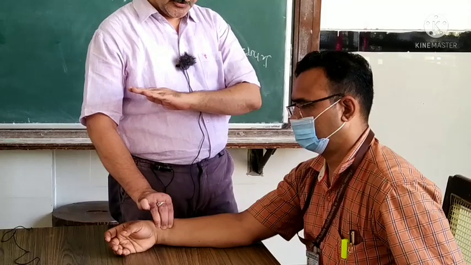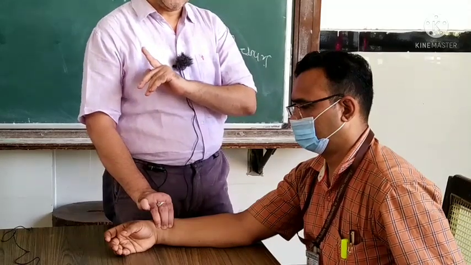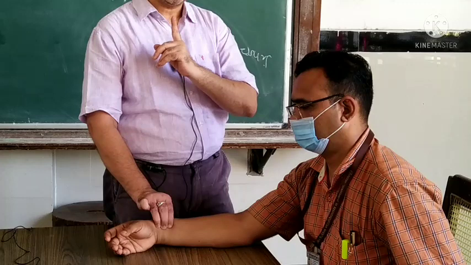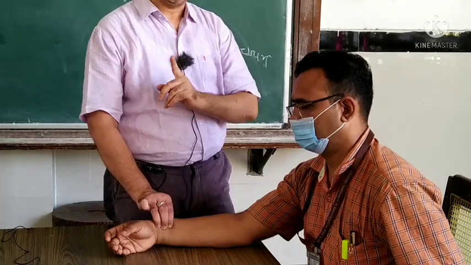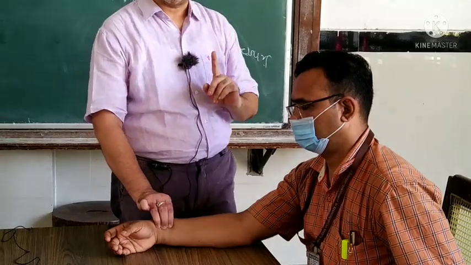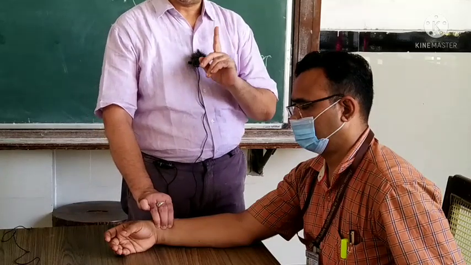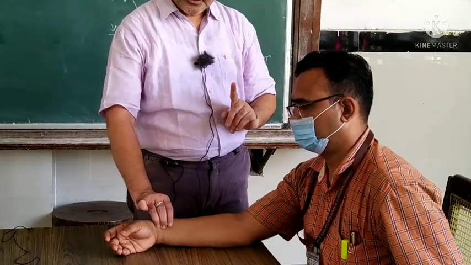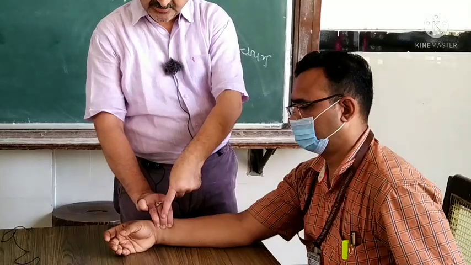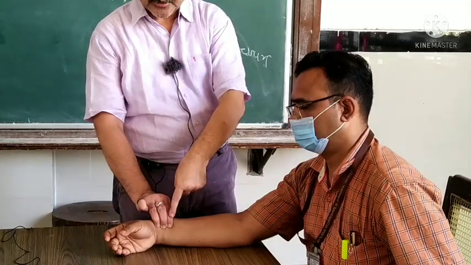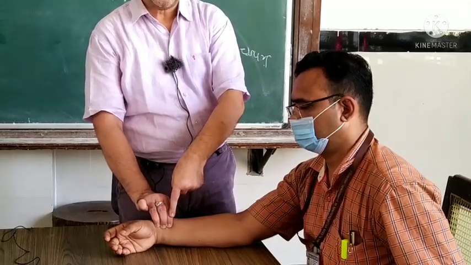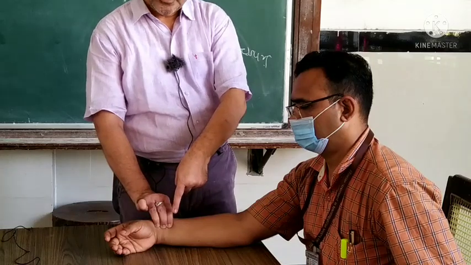Now we come to the force. We know force gives the rough idea about the systolic blood pressure. What is to be done to determine the force? These two fingers, the middle finger and the index finger, are now feeling the pulse.